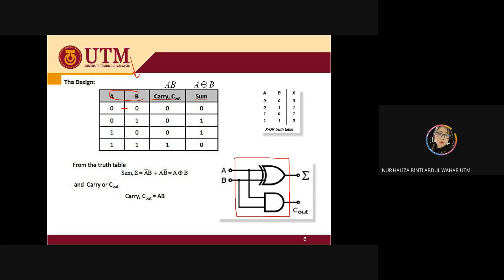You're going to add like this, right? So if you add these 2 inputs, 0 and 0, the sum is 0. If you add 0 and 1, the sum is 1. If you add 1 and 0, the sum is 1, and it continues. So this is the sum, which is similar to your exclusive OR, and this is your carry out, which is A dot B.